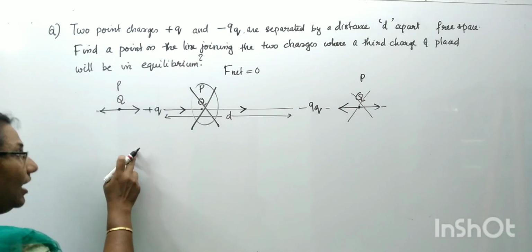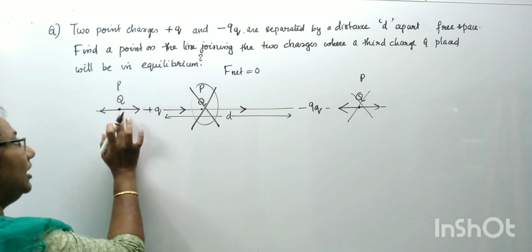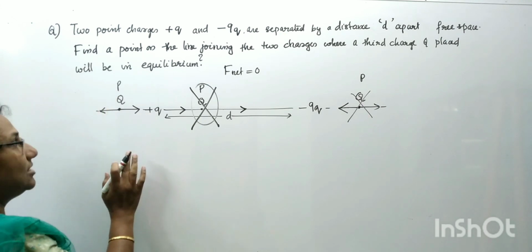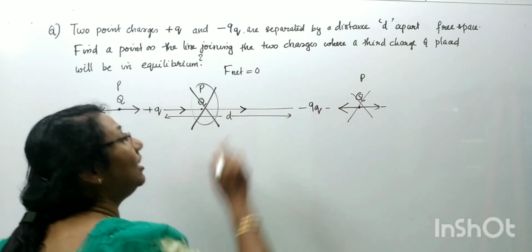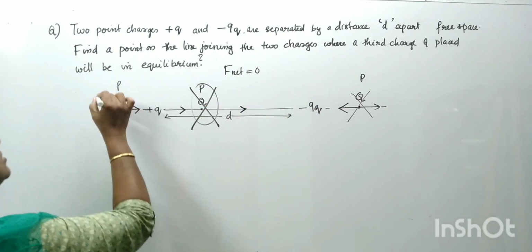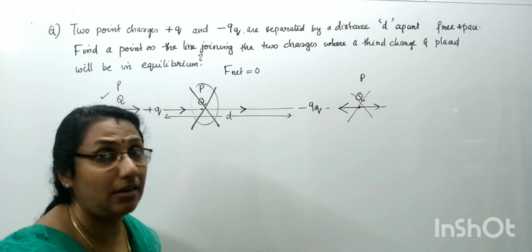So in this case, the force provided by plus Q, the small charge at the near point, will be cancelled by the force provided by the large charge from a larger distance. So this is the only point where there will be a condition of equilibrium.